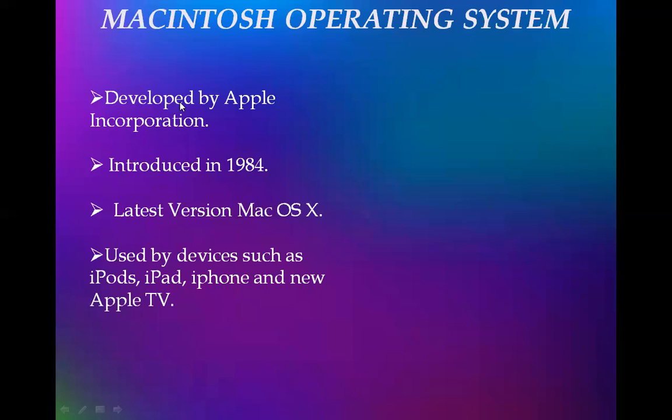The Macintosh operating system was developed by Apple Incorporated for its Macintosh computers, and these Macintosh computers were introduced in 1984. Its latest version is Mac operating system X, and this Mac operating system X is used in many devices such as iPods, iPad, iPhone, and the new Apple TV.